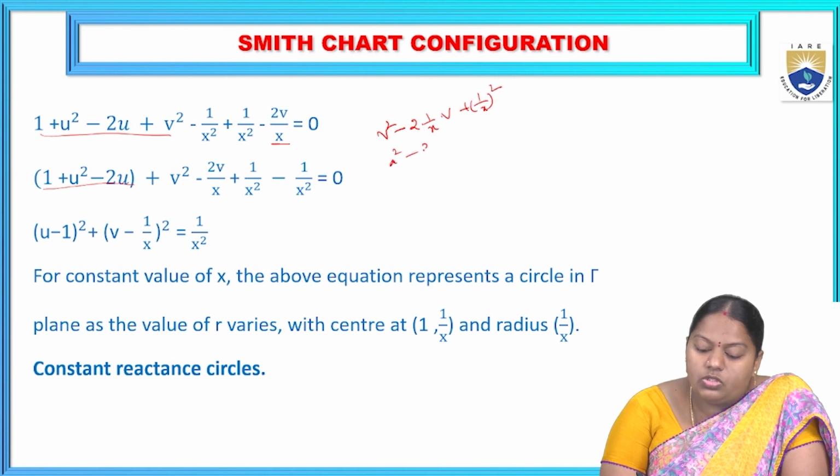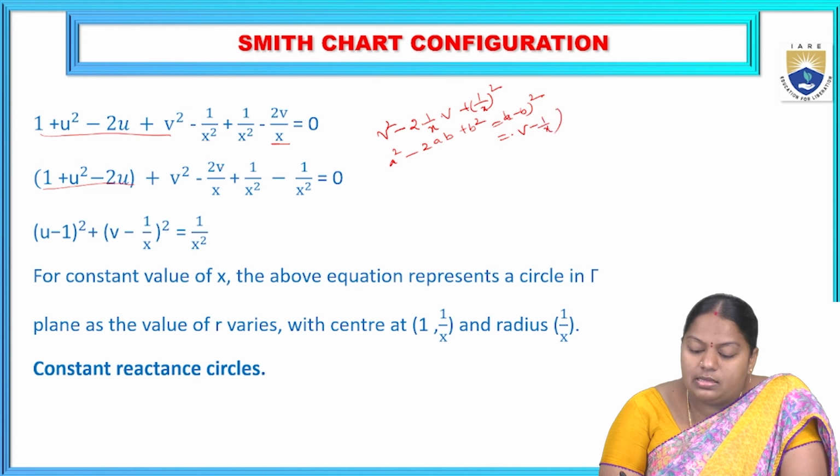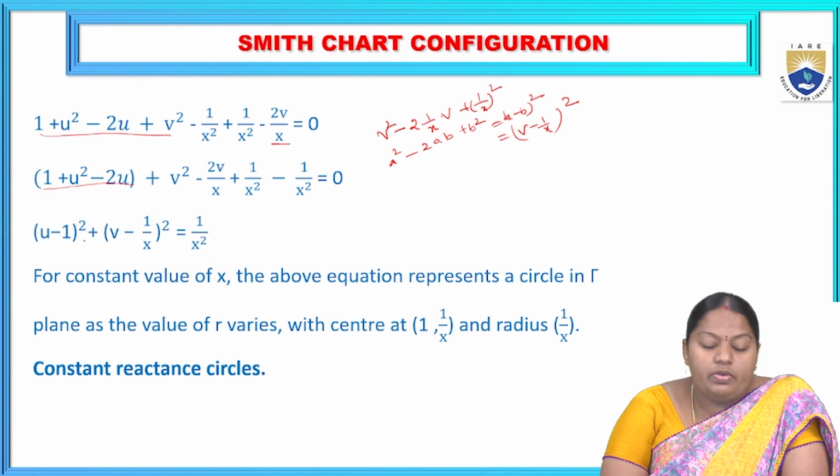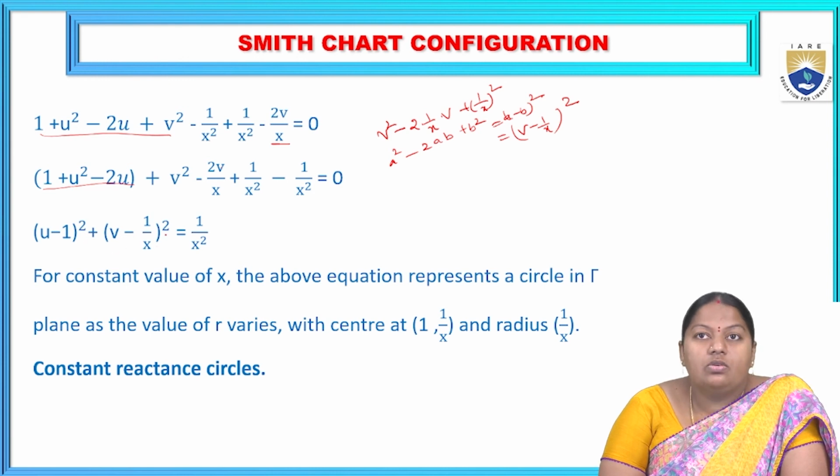A square minus 2ab plus b square is equal to (a minus b) whole square, that is (v minus 1 by x) whole square. Now (u minus 1) whole square plus (v minus 1 by x) whole square equals, taking this 1 by x square to the RHS, plus 1 by x square.